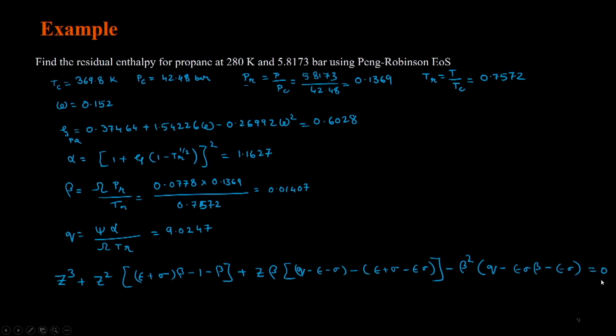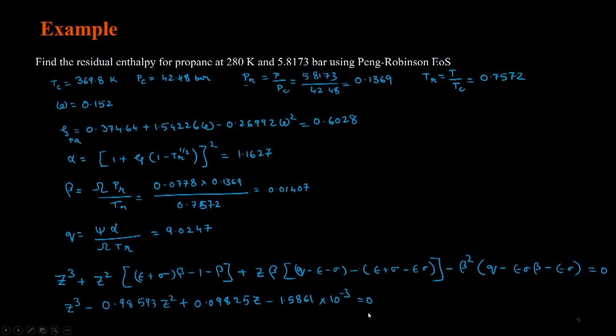Now, I have everything I need to get the coefficients of this polynomial in Z. I can put these terms here, and it turns out that the polynomial I'm going to end up with is 0.98593 Z squared plus 0.09825 Z minus 1.5861 times 10 to the power negative 3.